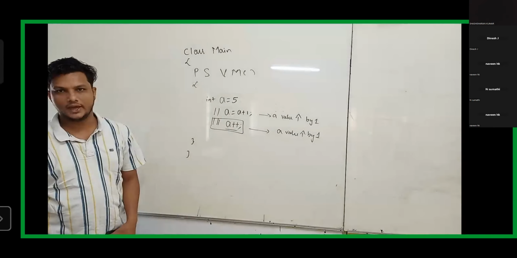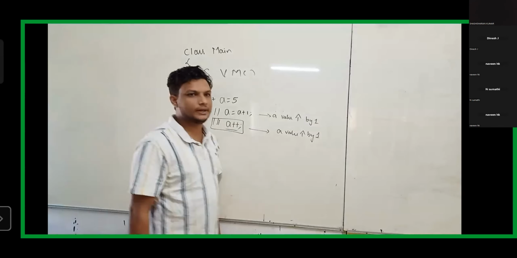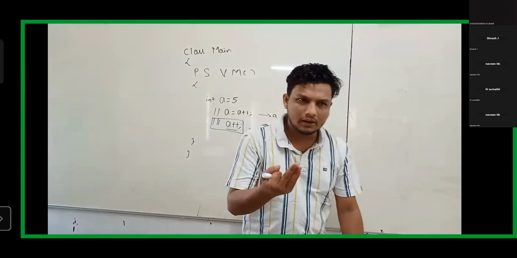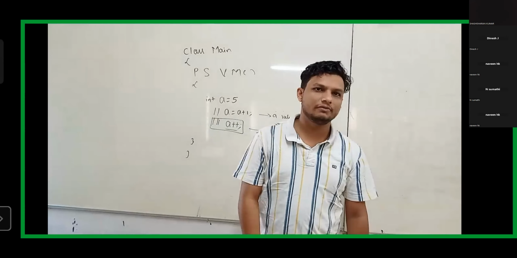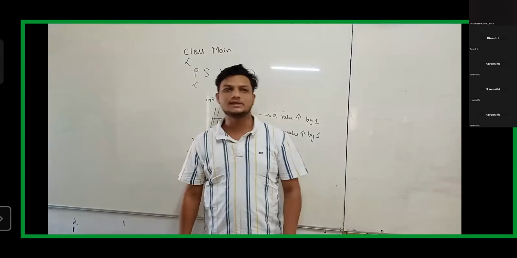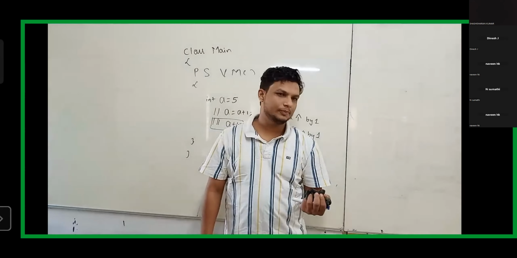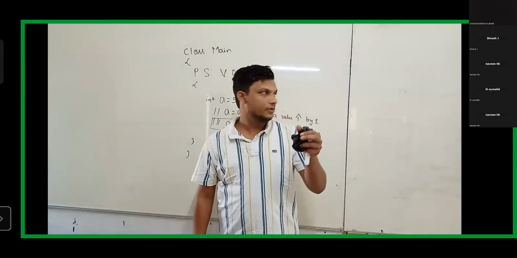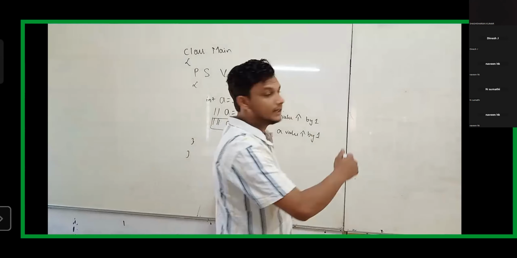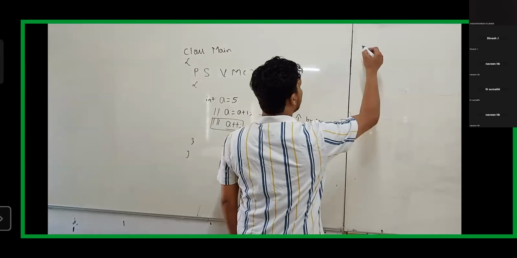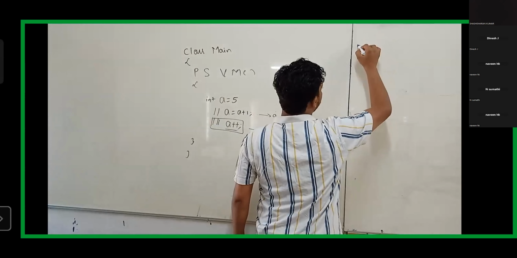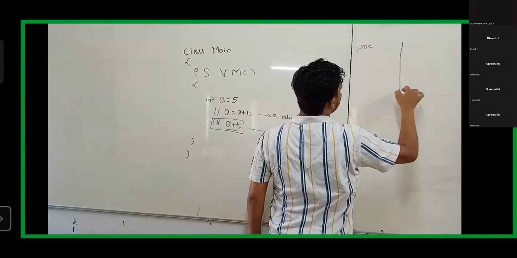Now, based on these shorthand operators, they will ask you questions. When it comes to shorthand operators, there are multiple things they will ask to confuse you. That is pre-operation and post-operation. For example, let me write pre and post.